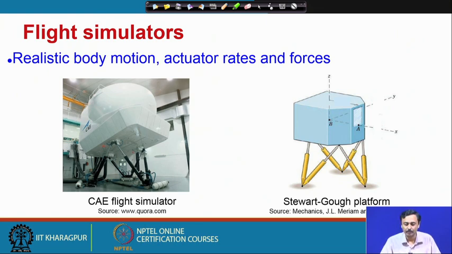in order to produce such motion of the cockpit? The actuator rates, of course, will decide what kind of roll, pitch, yaw the aircraft is undergoing.